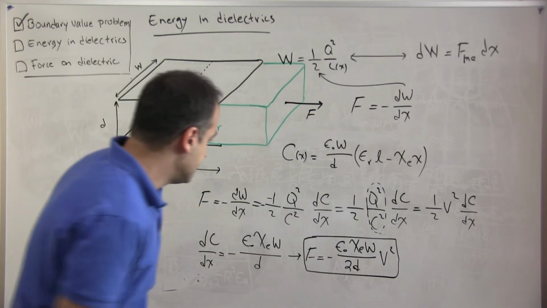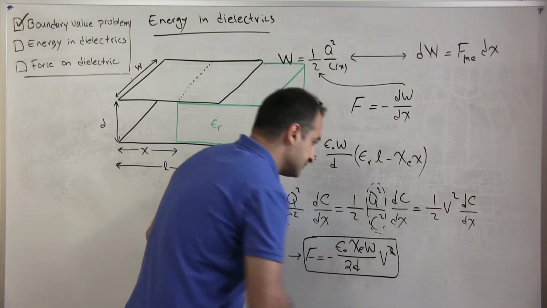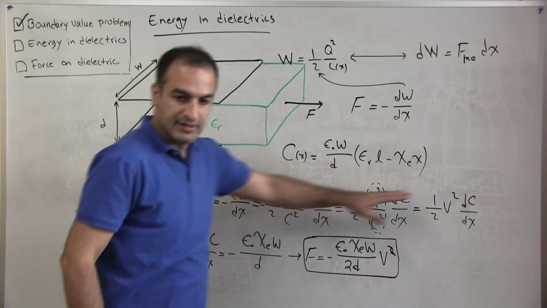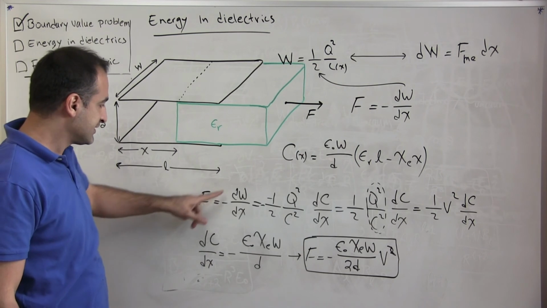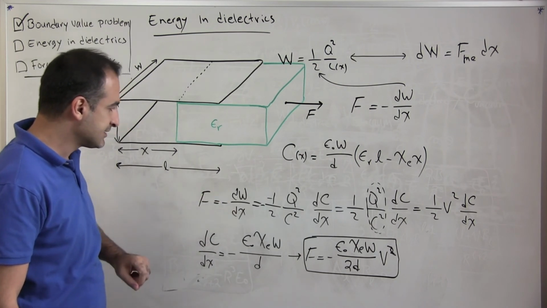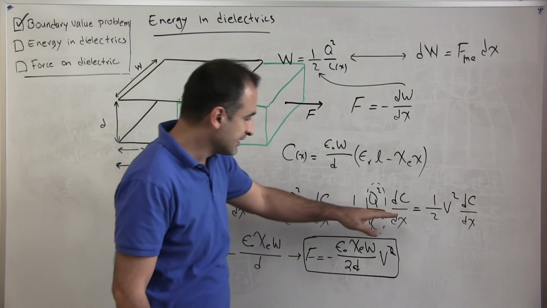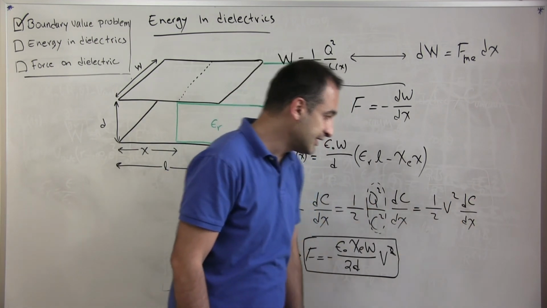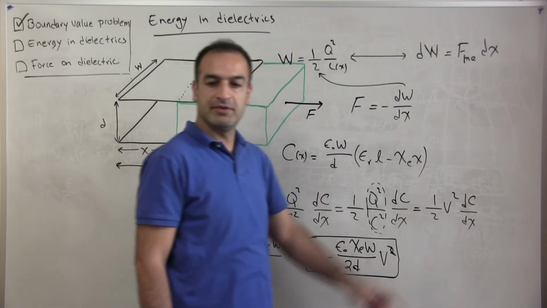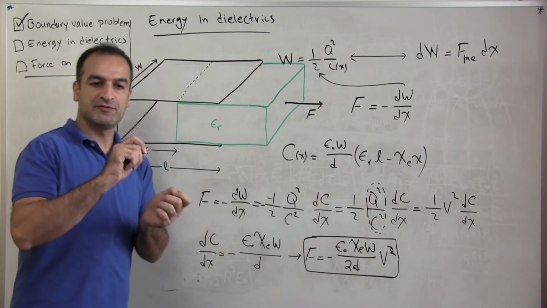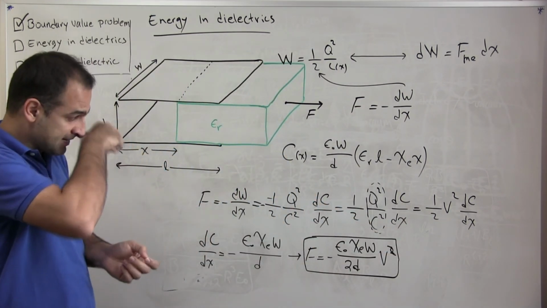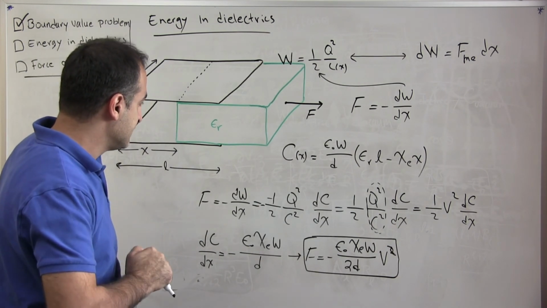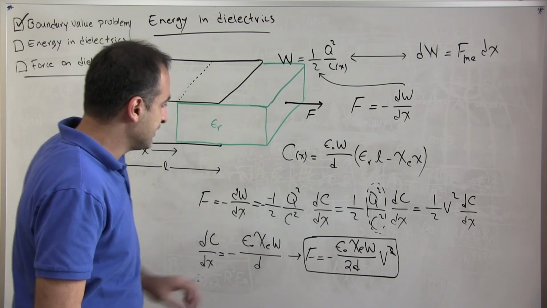All right, so this is just a mathematical derivation. Force is negative of dW over dx. And I just wrote that in a more simplified way, 1/2 V squared dC over dx. And remember, this V is the potential we have across the parallel plate.